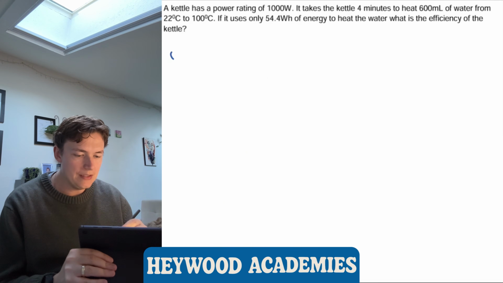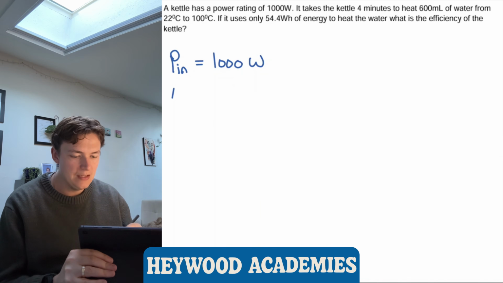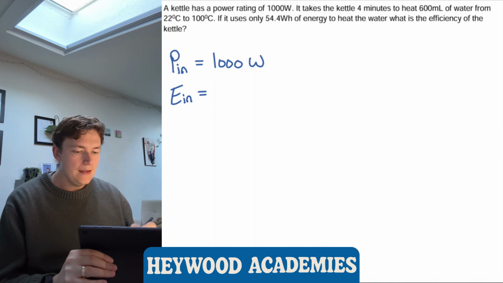So we've got the power. Let's say the power in this case is that 1,000 watts that we're working with. Then it takes 4 minutes to heat up some water. So let's go ahead and convert that and figure out how many joules this would be. So this would be the amount of energy that we put into the kettle, which is our power times our time.